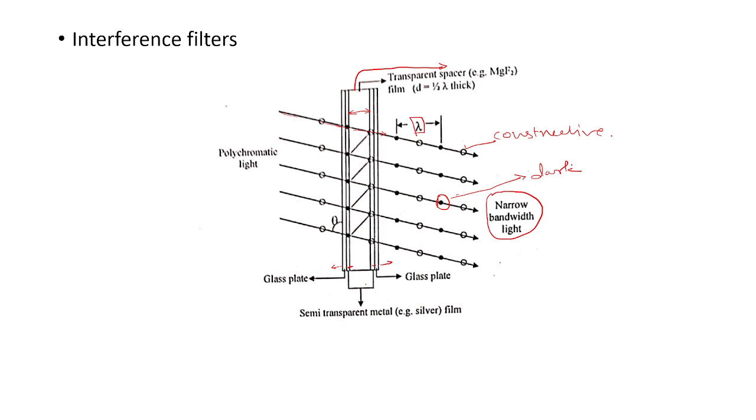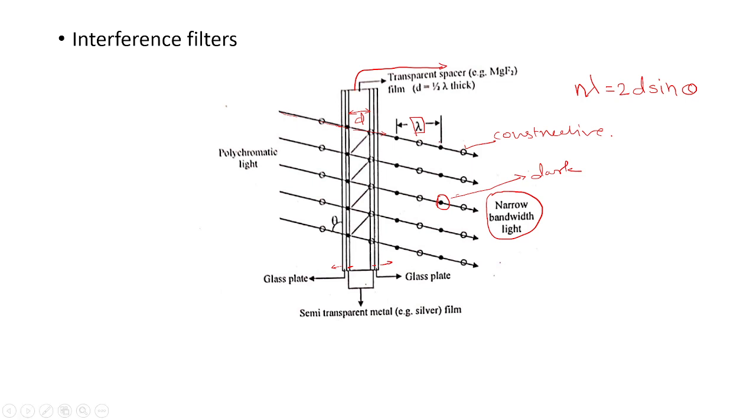Now which light will form the constructive interference, means which light will come out, that depends on the distance. This distance is a multiple of lambda, which is given by this formula: n lambda is equal to 2d sine theta.